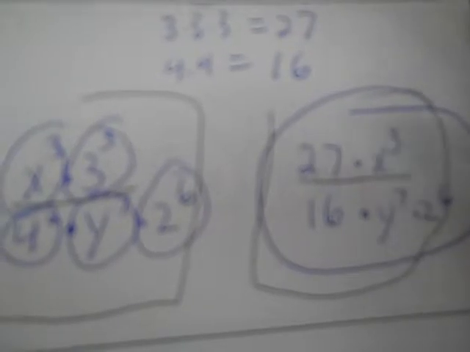Okay, and the x to the 3rd's on top for letters, variables, and the y to the 7th and the z to the 6th belong on the bottom, so y to the 7th times z to the 6th. Okay, 27 and 16 are on opposite sides, so just don't do any operations with those.